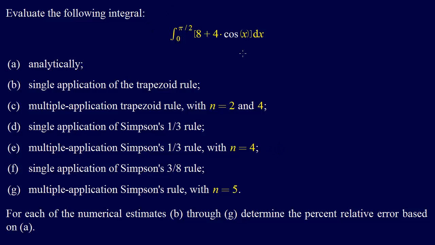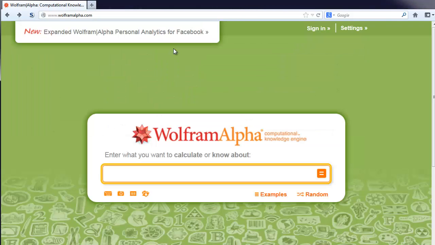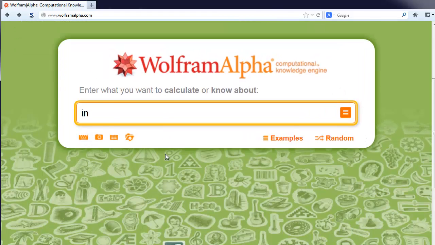To get started on part A, we can do this by hand, or we can use a calculator. Your TI-89s can do this. I'm not going to bother doing it by hand, although it's a pretty easy problem. I'll switch over to Wolfram Alpha and have that help us. Let's make this big so we can see it.